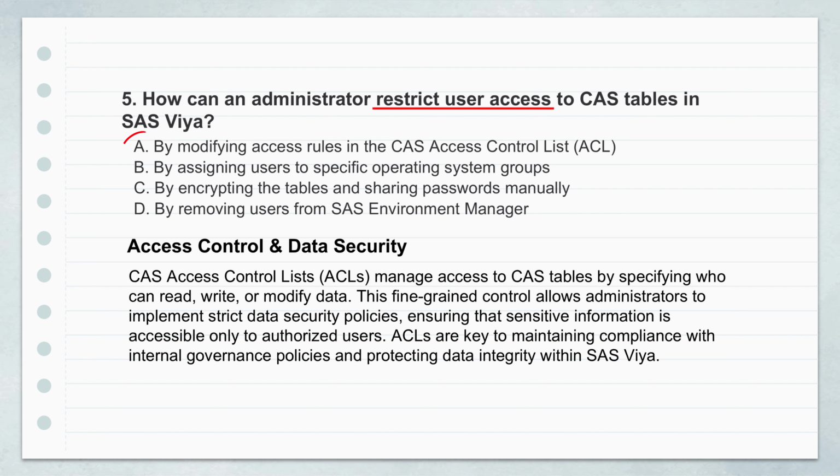This level of granularity is vital for implementing the principle of least privilege, a cornerstone of security best practices. Right. Least privilege. Ensuring users only have the access they absolutely need. That makes sense. It's much more targeted than just relying on operating system level permissions, allowing for very specific data governance right there within the high-performance CAS environment. Absolutely. It enables organizations to enforce really stringent data security policies.